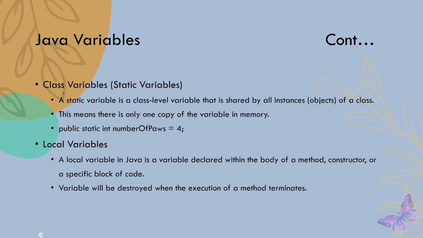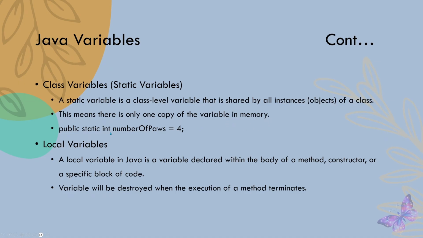Class variables are also called static variables. A static variable is a class level variable that is shared by all instances, that means objects of a class. This means there is only one copy of the variable in memory.